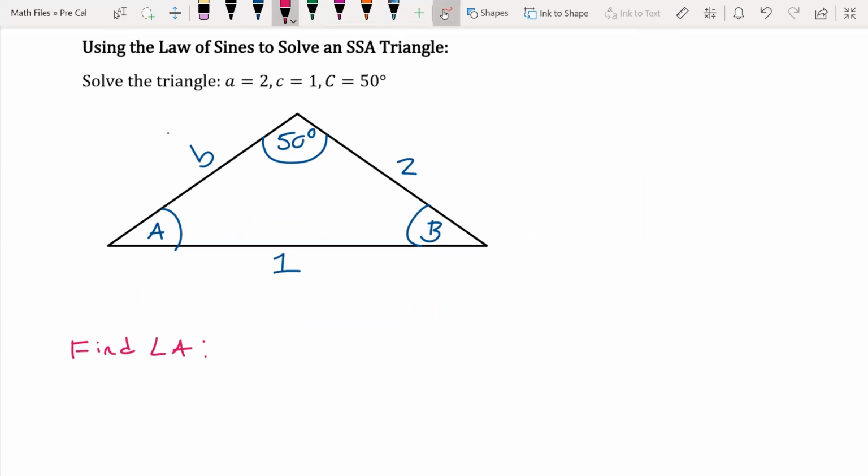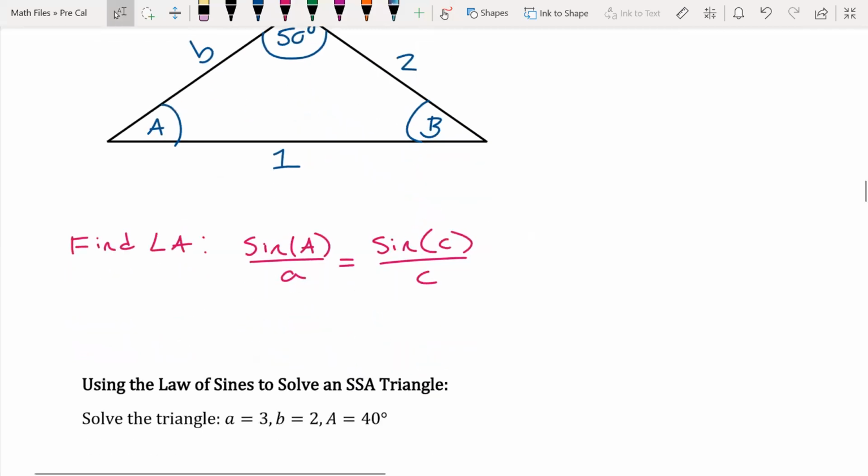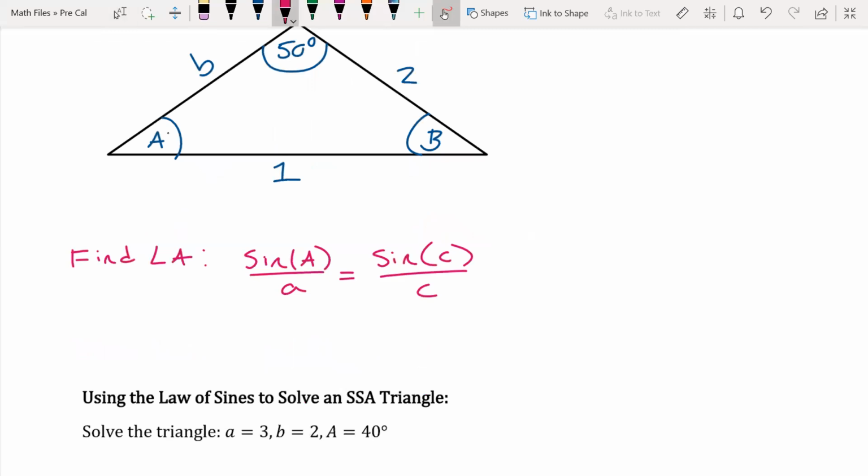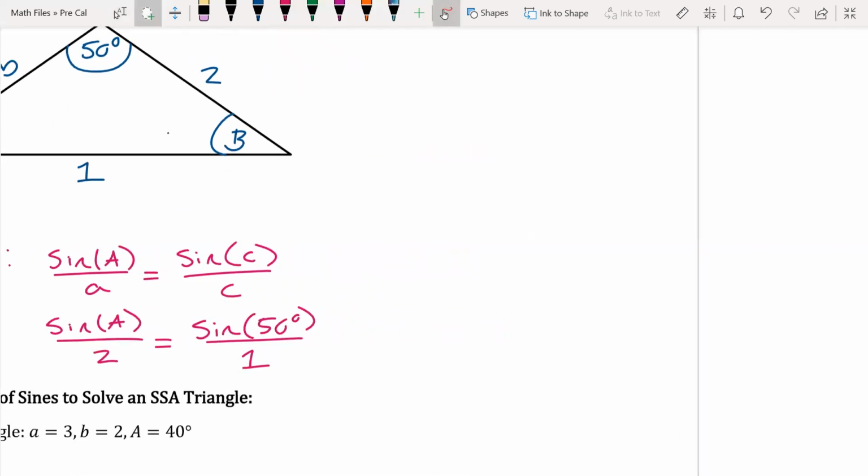Find angle A, which means we're going to use sine of A over A equal to sine of angle C over C. Plug in what we know, and we have sine of angle A over 2 is equal to sine of angle C over C. And then we're going to solve for angle A. So you're going to multiply that 2 to the right side.